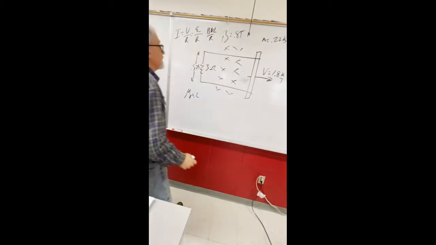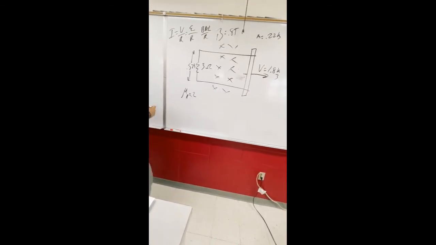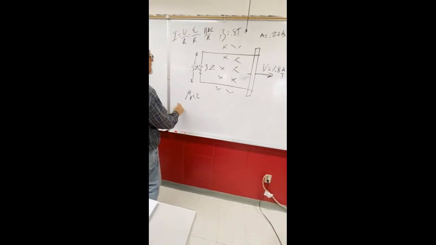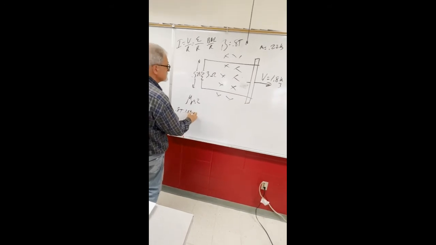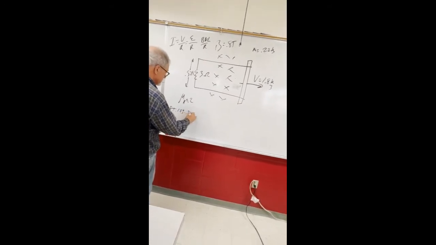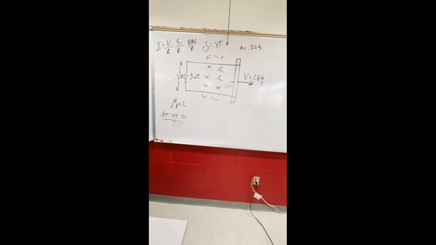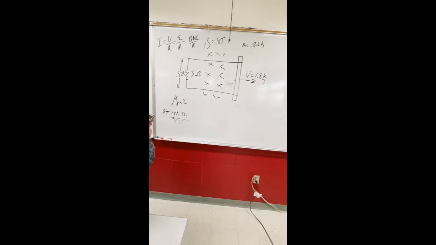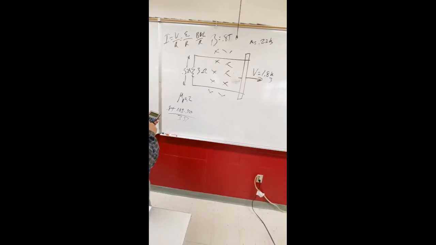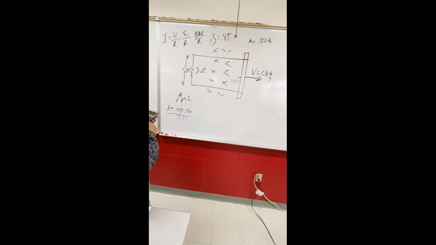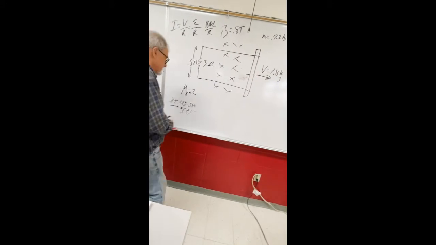We have 0.8, the velocity is 1.8, and the length is 0.52. So 0.8 times 1.8 times 0.52 divided by 3 is about 0.25. I'm going to call that 0.25 amperes.